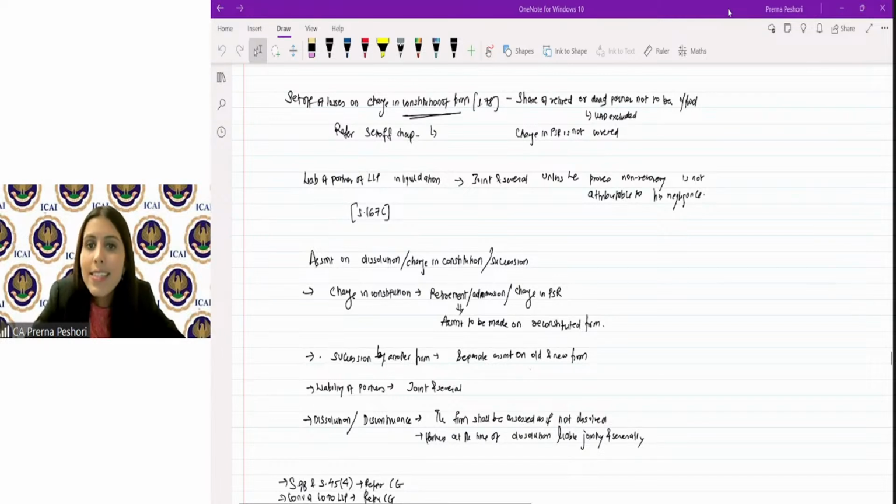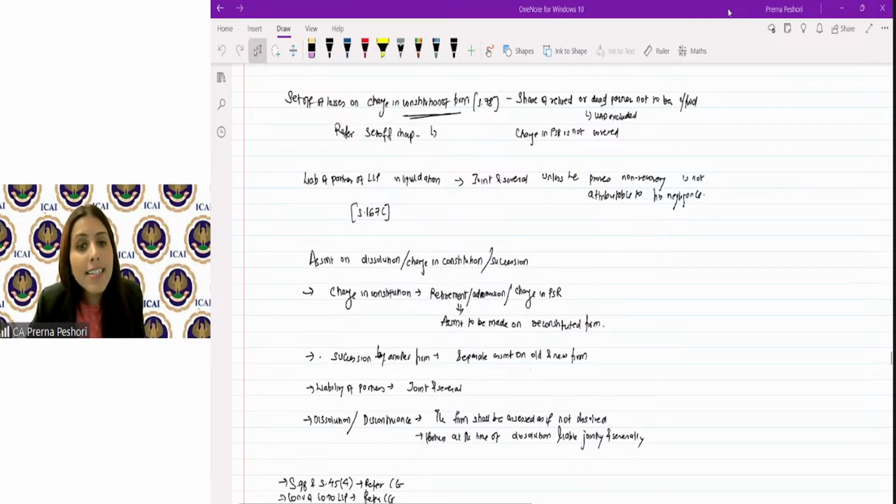When a person is succeeded by another person, then the assessment will happen on the predecessor up to the year in which the succession takes place. So the income of the previous year in which succession takes place up to the date of succession, the assessment will happen on that, and on the successor in respect of the income after the date of succession. So the income needs to be apportioned between the predecessor and the successor with the share of each. So the income has to be separately computed.